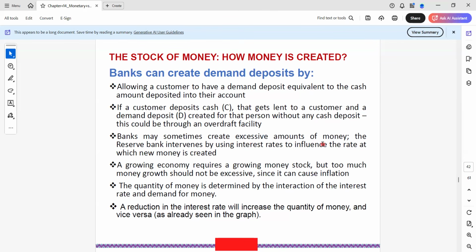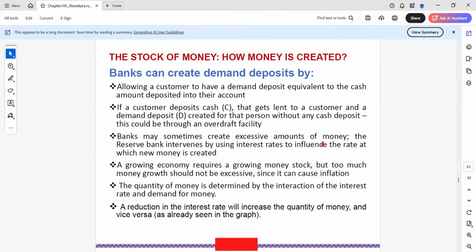So what happens is that the South African Reserve Bank will use the repo rate, which will influence the interest rate. We're going to get to that one, but what the South African Reserve Bank uses is the repo rate. The repo rate is the interest rate which is charged by the South African Reserve Bank to the commercial banks.